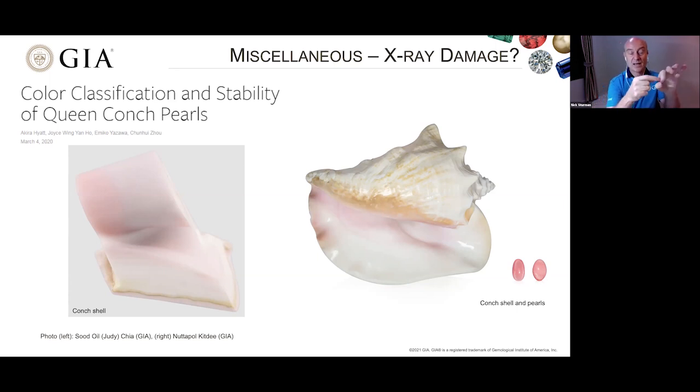So the area where the X-rays entered and were in contact with the pearl surface, there sometimes would be a small brown spot left. So this was something that could be related to X-ray damage. But as I said, it's not really something that is anything to be concerned about these days, because diffraction work is not used for pearls so much.